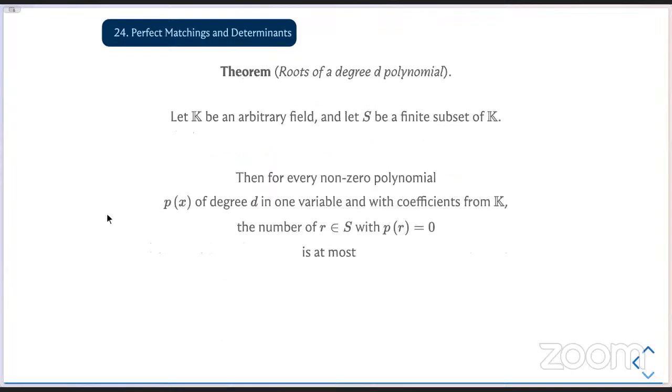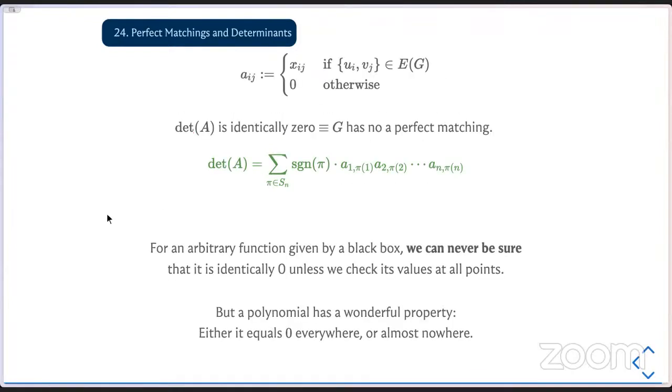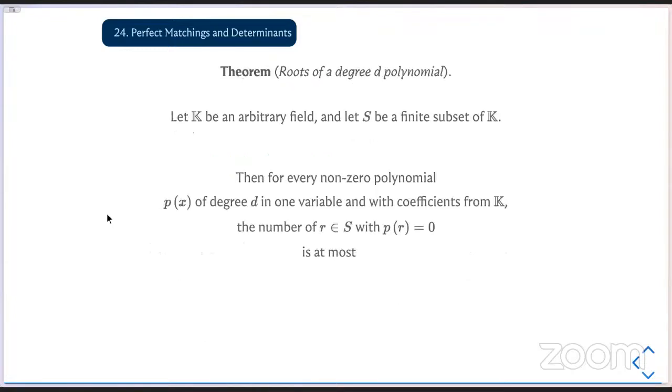That's the idea. Let's try to formalize this using the language of what's called the Schwartz-Zippel lemma. Let me say this for the univariate case first, which is just the, I don't know what it's called, the fundamental theorem maybe. Suppose we have a non-zero polynomial of degree d, where the coefficients are from some finite field, or some field actually.